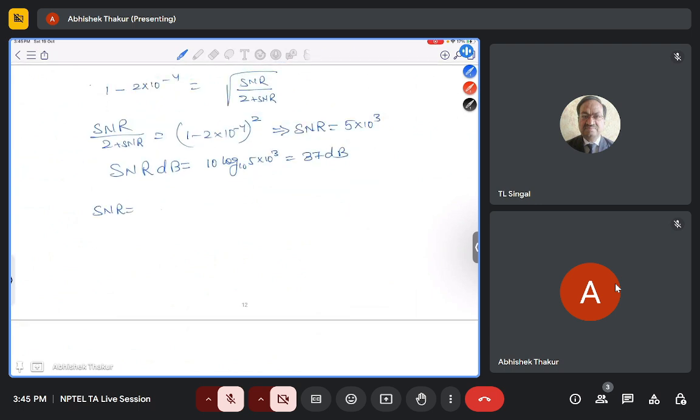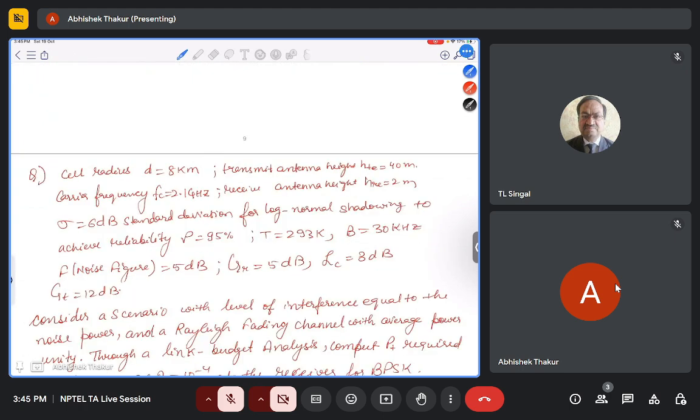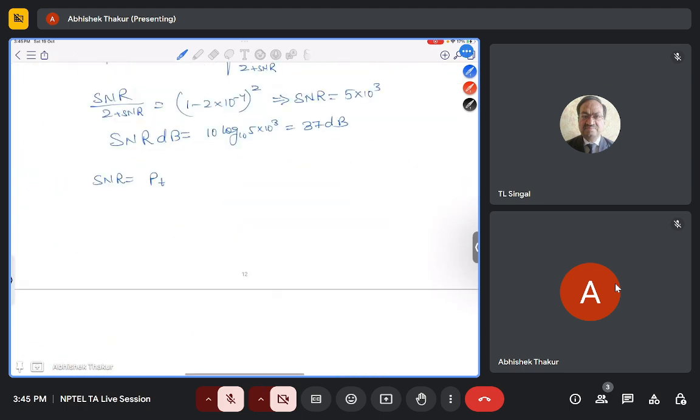Now, SNR is equal to PT. We'll use this formula: plus GT minus L50 minus M plus receive antenna gain minus cabling loss minus N plus I. So all the values are in dB.